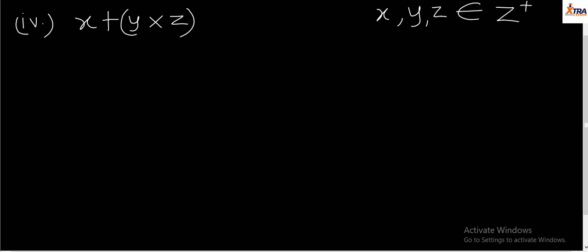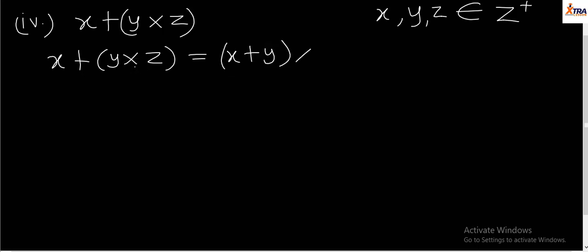So in this case, for distributivity, I know I have to say what my x plus y times z. Using the knowledge of distributivity, I know I have to separate this. I have to say x plus y, then take the sign at the center, put it here, and then say x plus z.